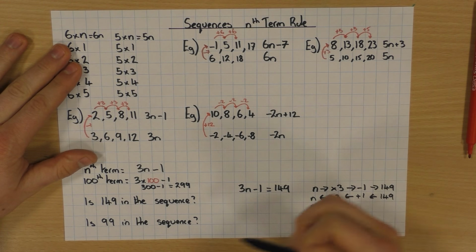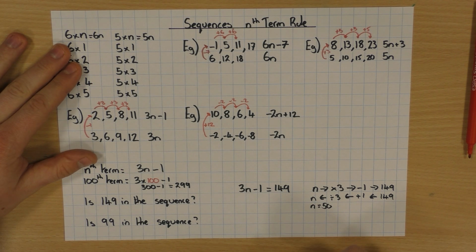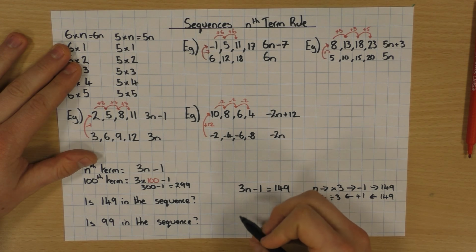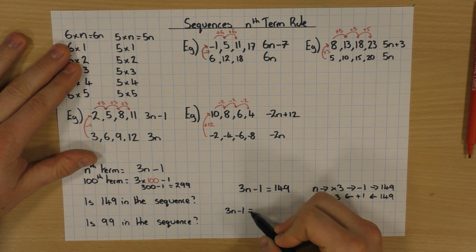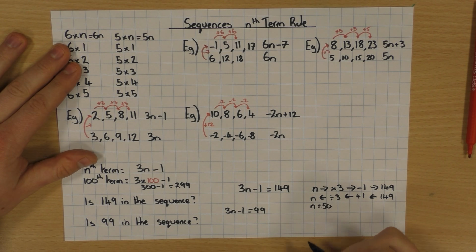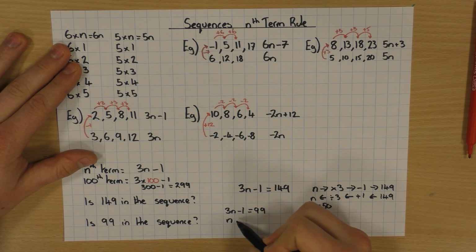And just to do another one, just to prove the other way around, so is 99 in the sequence? Initially it looks like it might be, because 3 times table, 99, yep, looking good, but always check it. So 3n minus 1 equals 99, and again solve it, bit of flowchart.